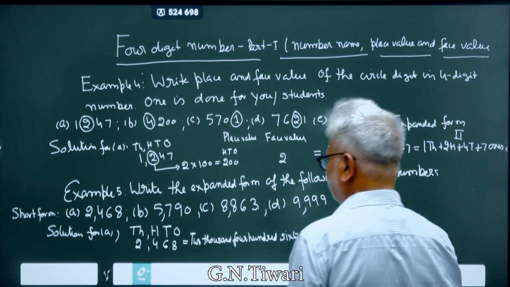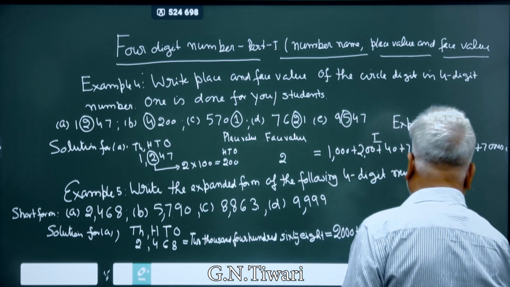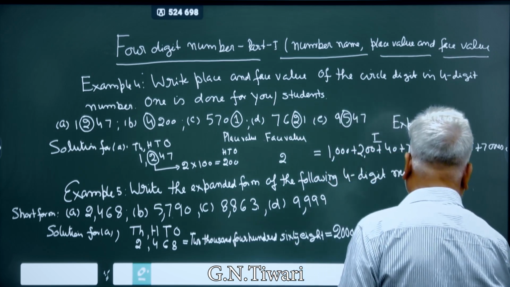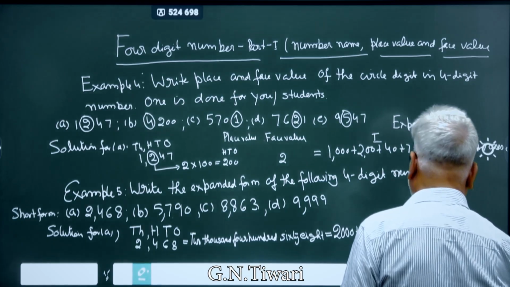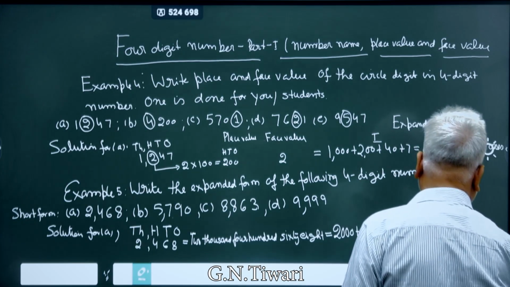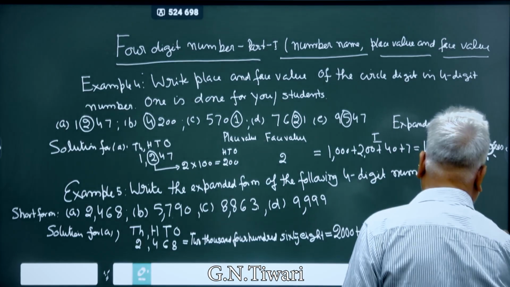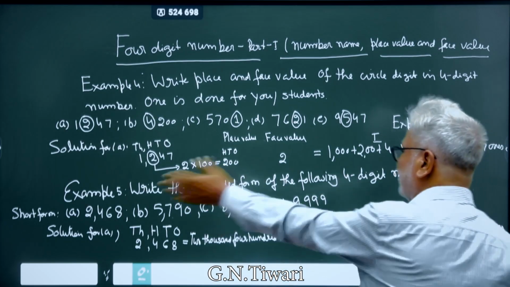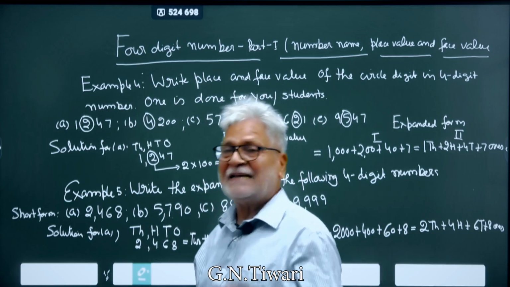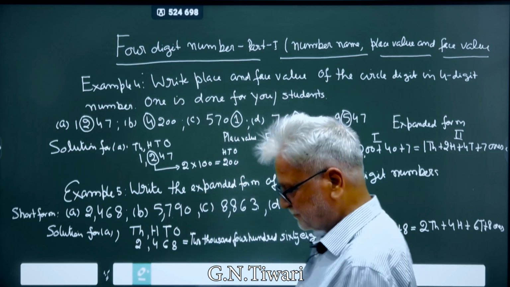This is one way. Another way, 2Th plus 4H plus 6T plus 8 ones. This is going to be very useful in addition and subtraction as well.